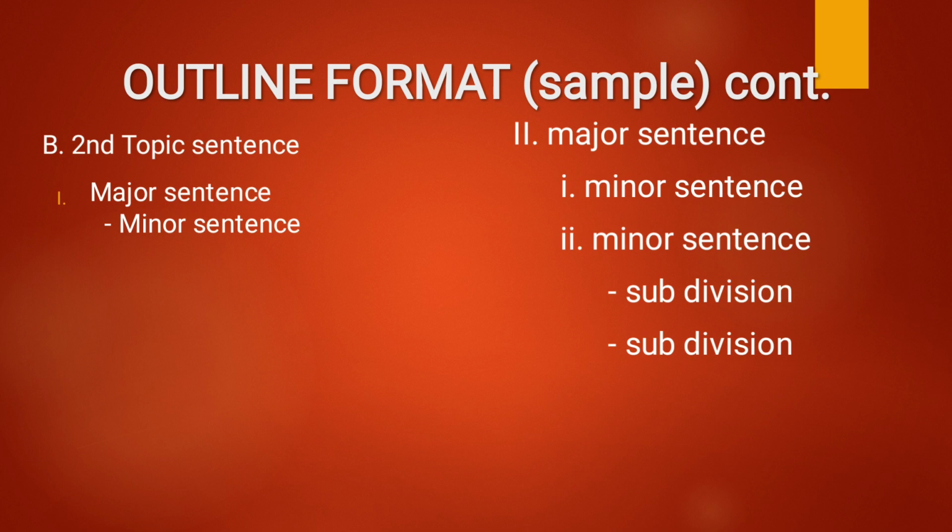You could see that the second major is the one that has been divided into two now. We have first minor, we have second minor, but assuming after the subdivision under the second minor, we have third minor. How is it going to be? It's going to be like this. Third minor division. Have you seen it?